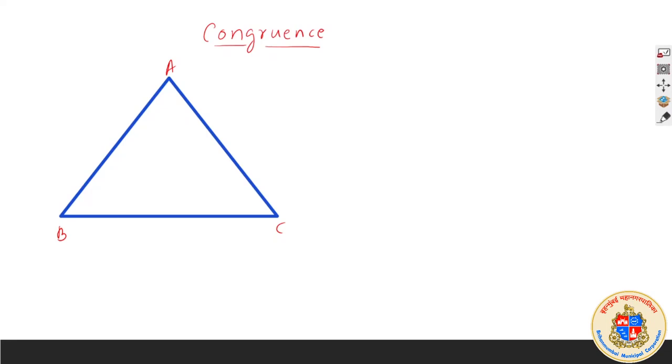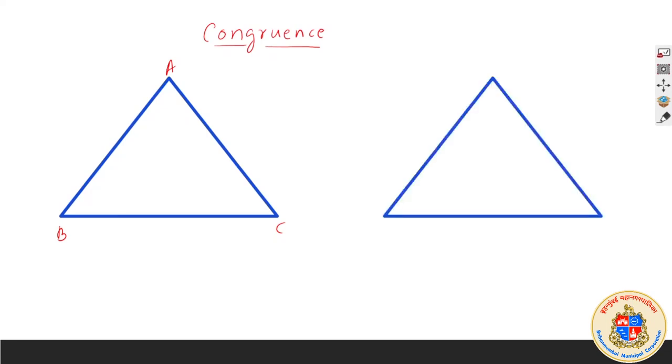Suppose that we have one more triangle like this, and I name it as EFG. And if I ask you what is the difference between these two triangles, or what are the similarities between these triangles, or are they different triangles, these are things to be answered while trying to explain congruence.